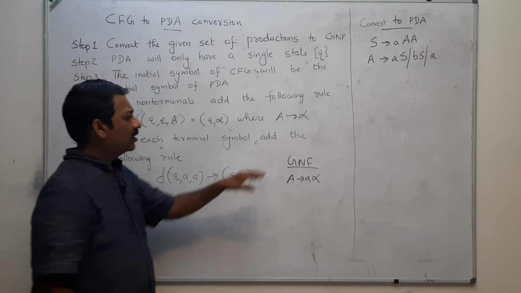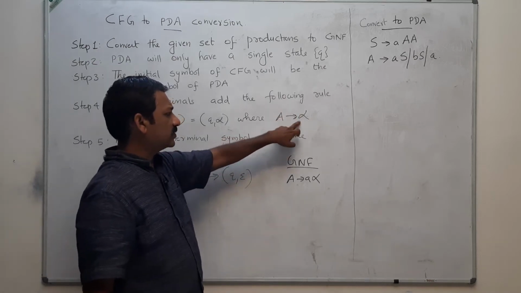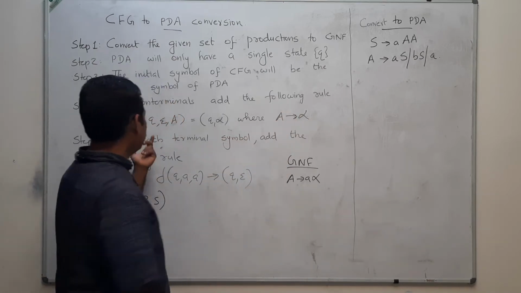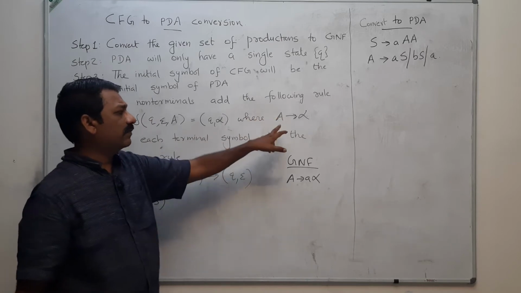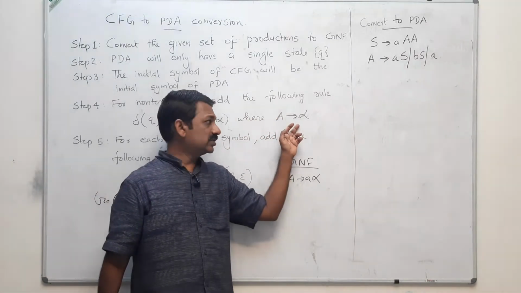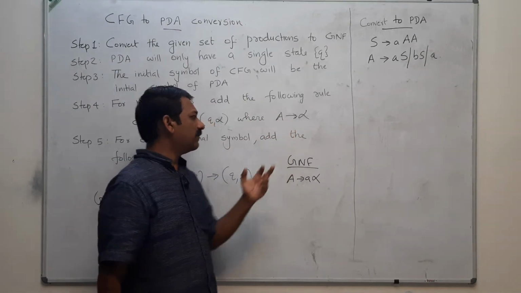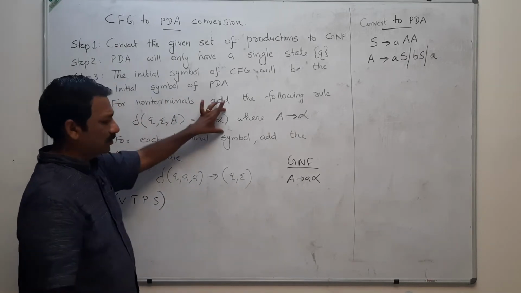If you have such a production, A derives alpha, then this context-free grammar production has to be replaced with this rule.